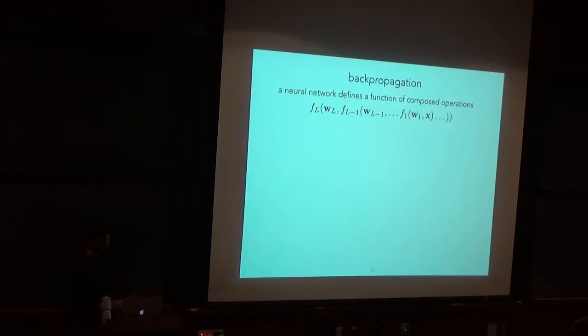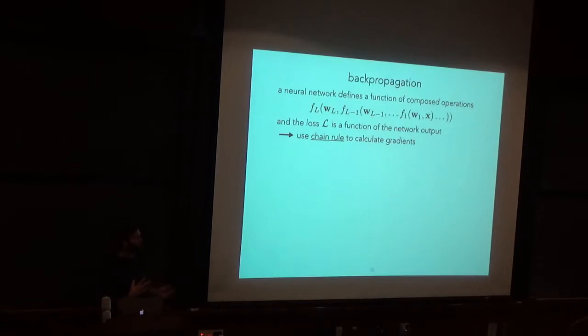Again, we talked about how this neural network defines this composed function of operations. And the loss here is going to be the output of the network, or a function of the output of the network. And in order to go back through this nested function, we're going to use the chain rule, which hopefully you remember from basic calculus.